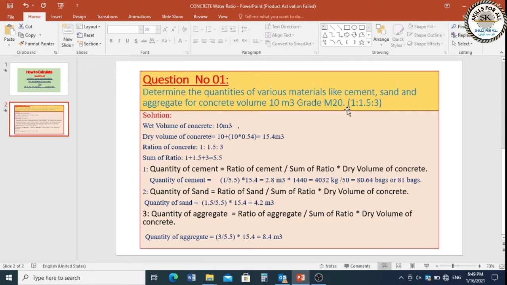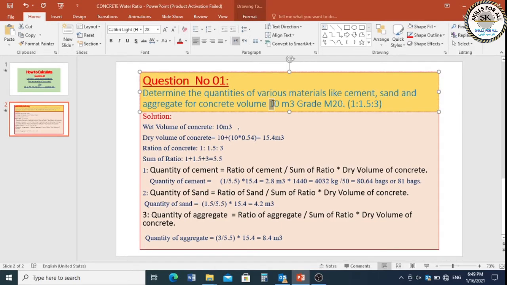You have to know two things only. Length, width and thickness will give you the cubic meter, and then what is the grade of concrete. If you don't know the grade of concrete, at least you should know the ratio of concrete.